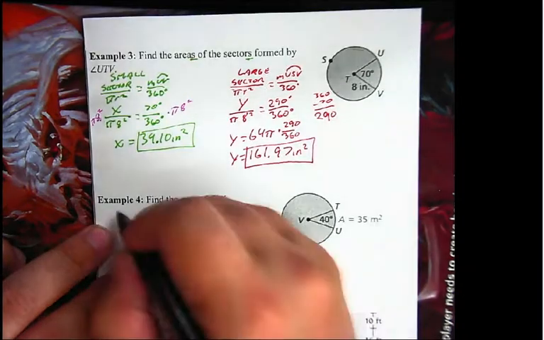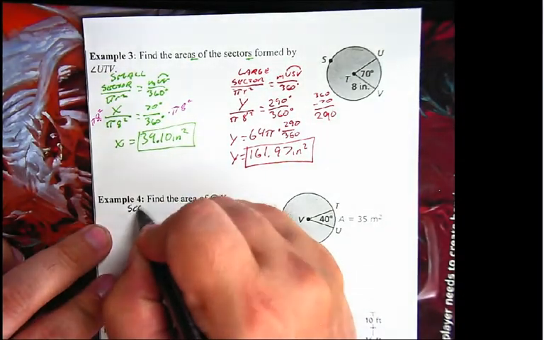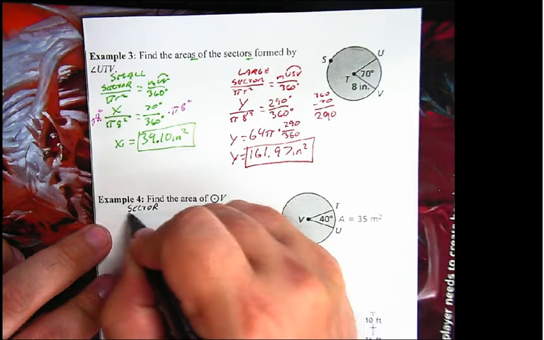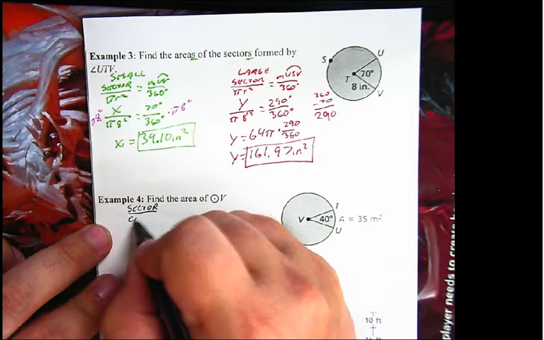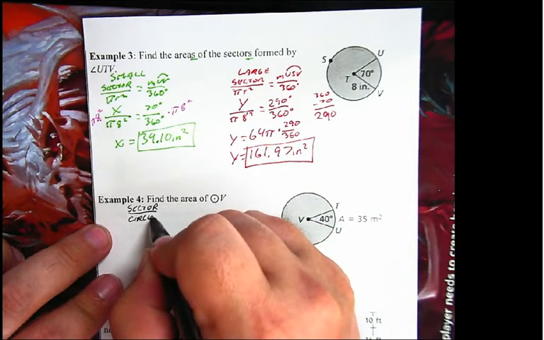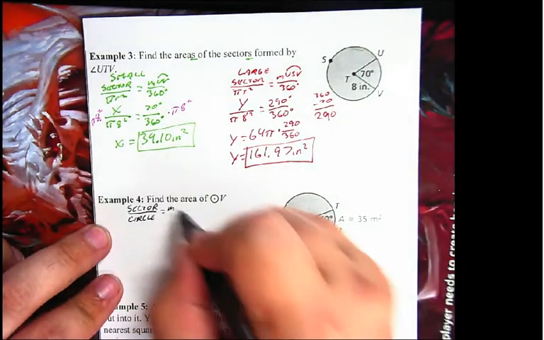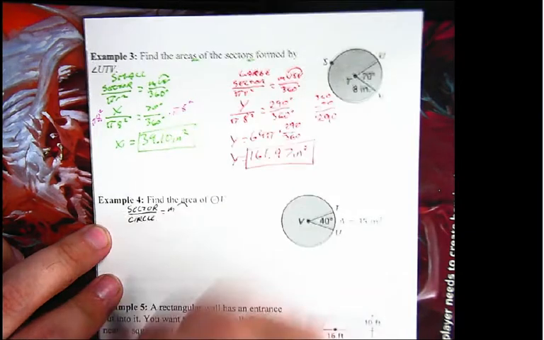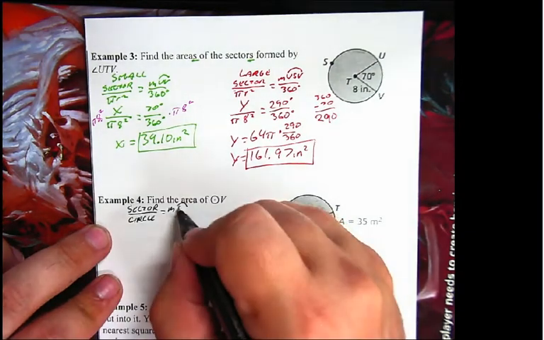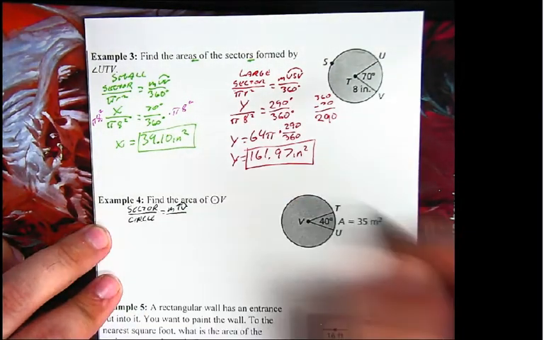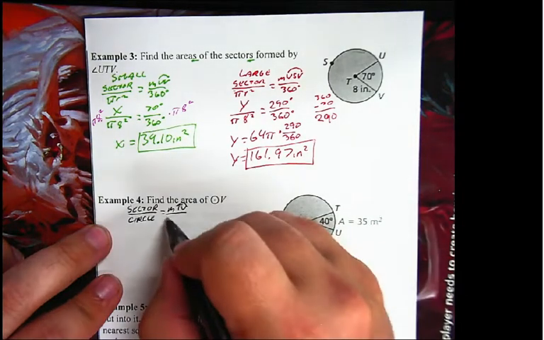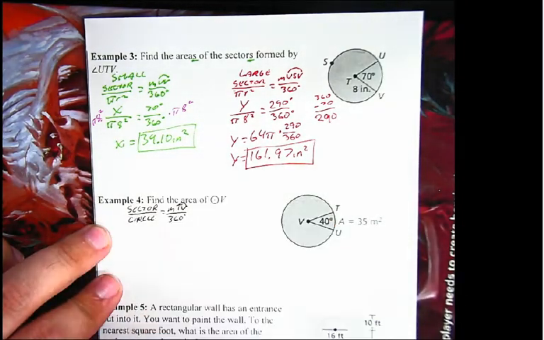So let's see what we got here. We've got sector over the circle equals the measure of the arc, so the measure of arc TU, over the entire circle, 360.